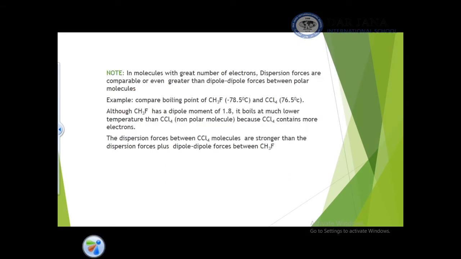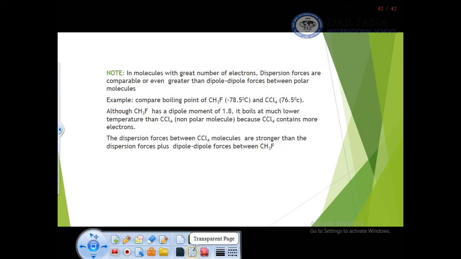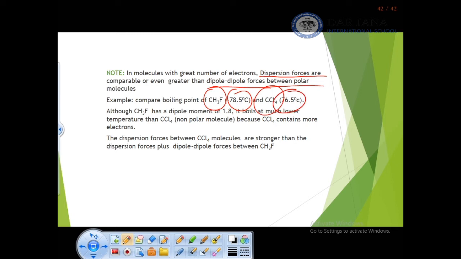Something we should mention: in molecules with a great number of electrons, dispersion forces are comparable to or even greater than dipole-dipole forces between polar molecules. For example, CH3F and CCl4: the boiling point is minus 78.5 for CH3F and 76.5 for CCl4.